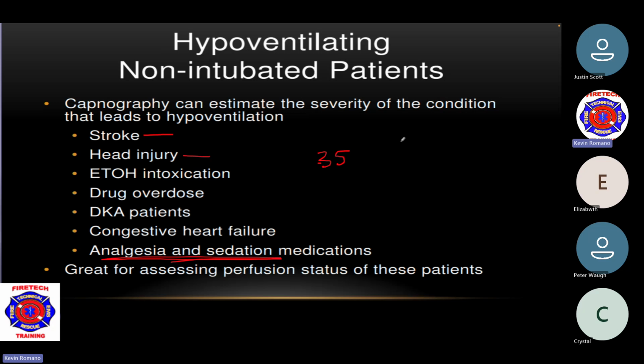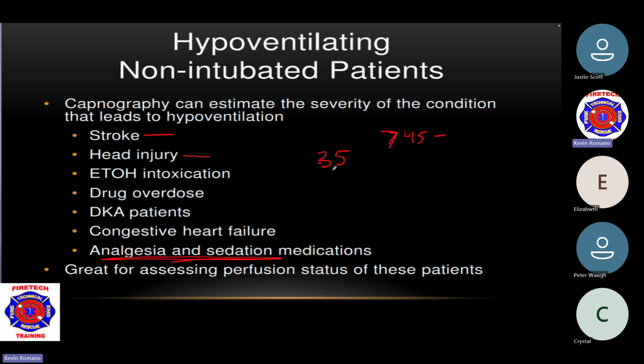If we start seeing higher readings, so greater than 45, right, our vessels are starting to dilate in the brain. Carbon dioxide is a very, very potent vasodilator, right? So if we're ventilating a patient, or we put them on end tidal, and they have head trauma, and their end tidal is 50, all right. At that point in time, we have significant vasodilation.